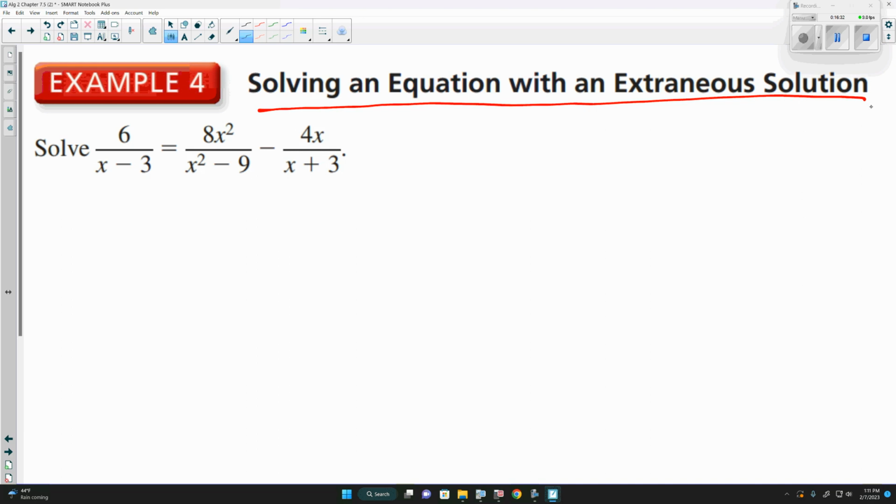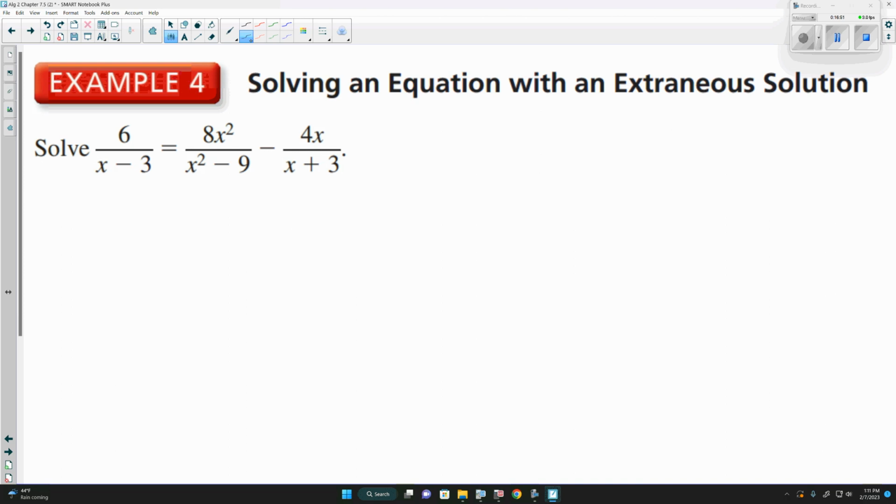Solving an equation with an extraneous solution, it kind of tells us it's going to happen. I leave those in there partially for my own sake to remind myself that it is going to show up. So this one here will definitely have an extraneous solution. It's going to have a number that doesn't work, but will come out as an answer.